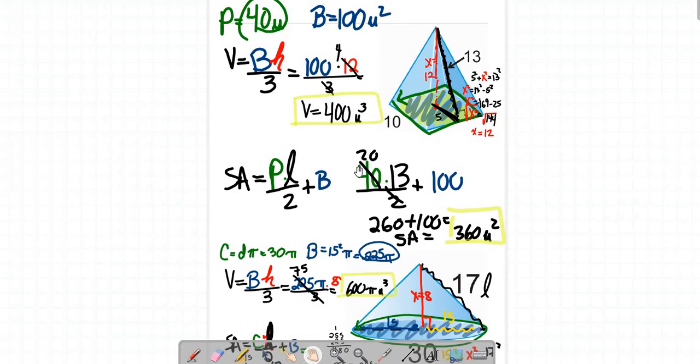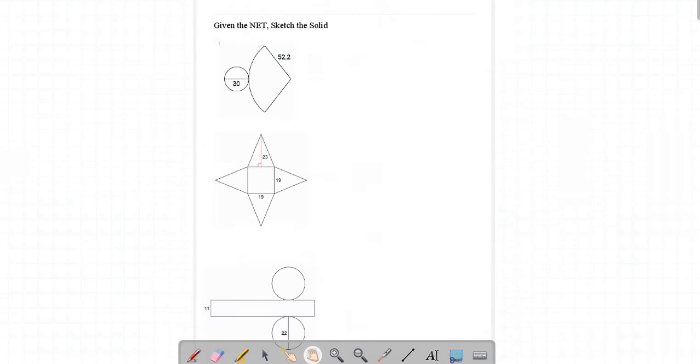The last thing you mentioned: nets. Nets are very easy. You have to be able to go from a net into a solid and from a solid into a net. So I have several nets here. What I recommend you do is put your hand flat in front of you and imagine that net like a pattern or a flat piece of paper, and then fold it physically with your hands, imagination, into a solid, and then attempt to draw the solid.